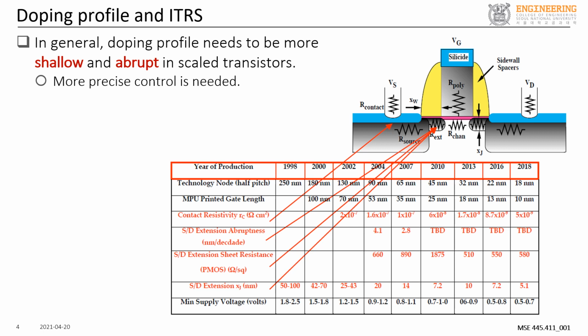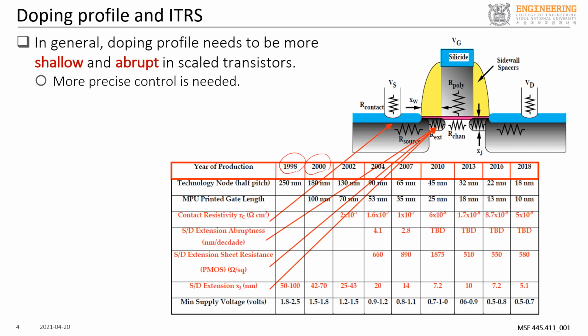If you look at this table from ITRS, there are a lot of parameters or requirements they specify for different years to maintain the performance of the transistor while we scale down according to Moore's law.